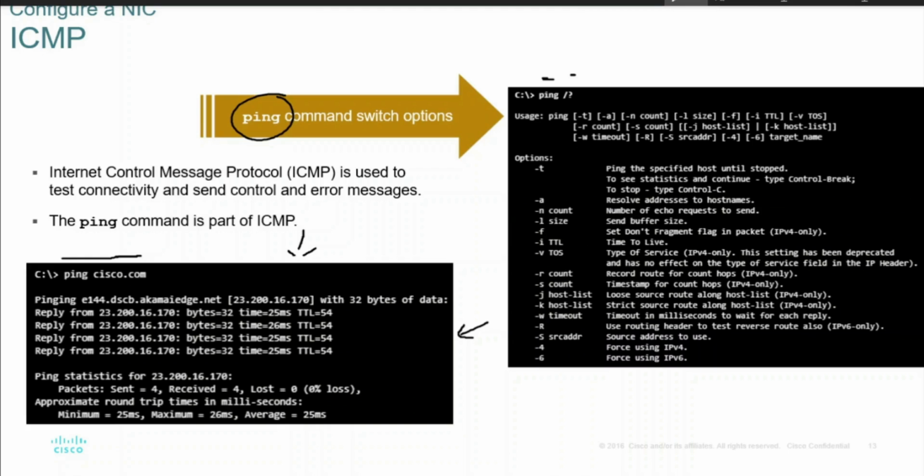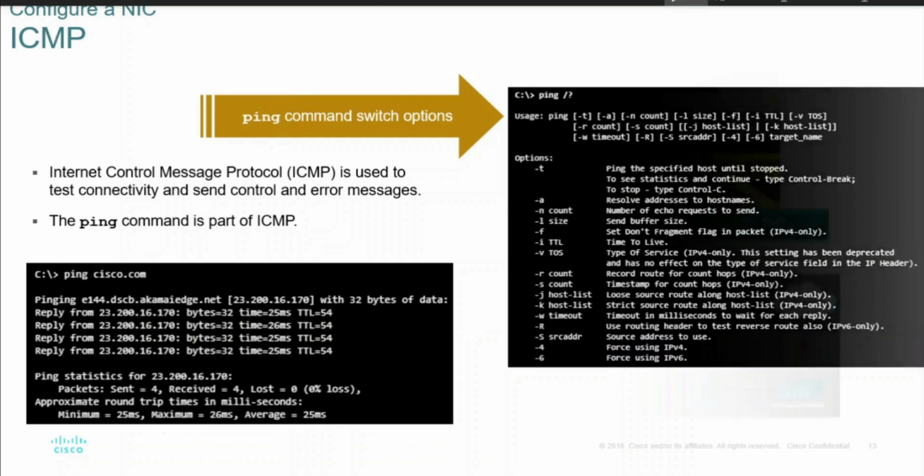Now, when you use ping, internally you are using a protocol, meaning a set of rules, known as Internet Control Message Protocol, or ICMP. This protocol helps you check the connectivity and find errors.